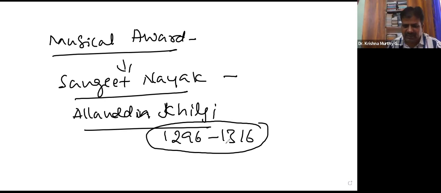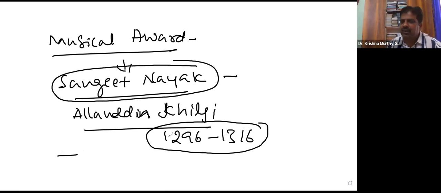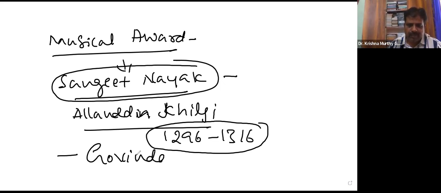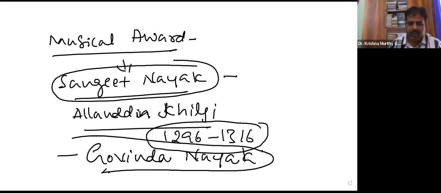He also recognized musicians with the title of Sangeet Nayak. Only one prominent Hindu musician in the court of Alauddin Khilji was called Govinda Nayak. This is the important aspect.